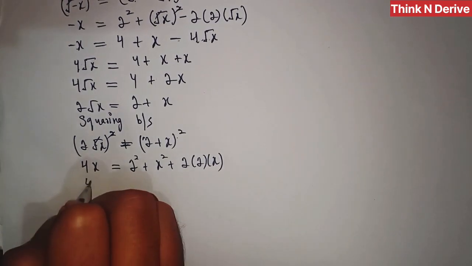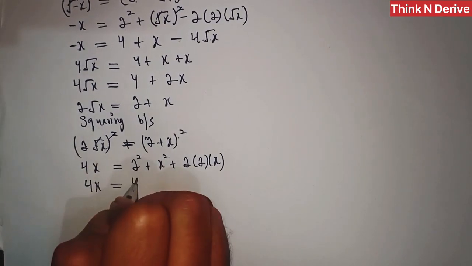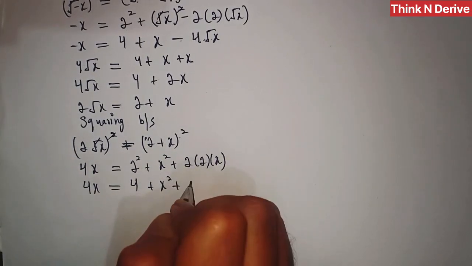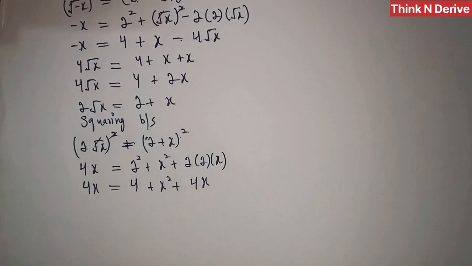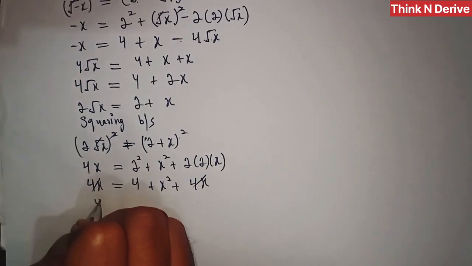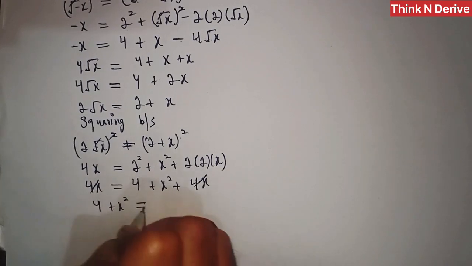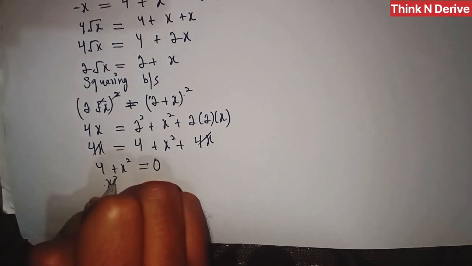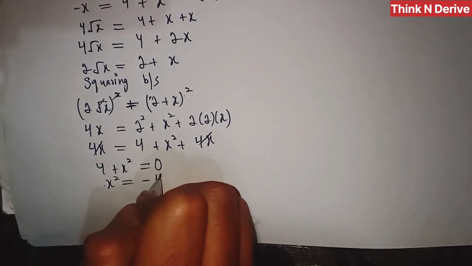So this is 4x equal to 2², that is 4, plus x², plus 2 twos are 4, that is 4x. Now this 4x will cancel out, here remains 4 + x² = 0, or we can write x² = -4.